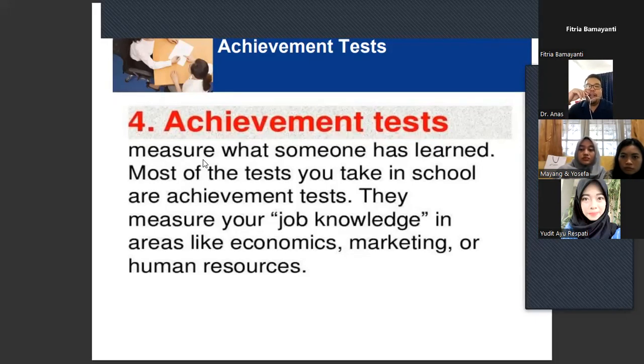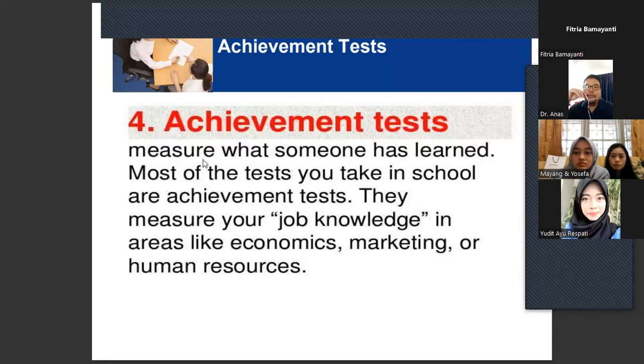Or maybe, I think you took a subject in human resources, what do you think about human resources in these companies? So these are tricky questions the interviewers or employers ask before they select employees, as an achievement test.